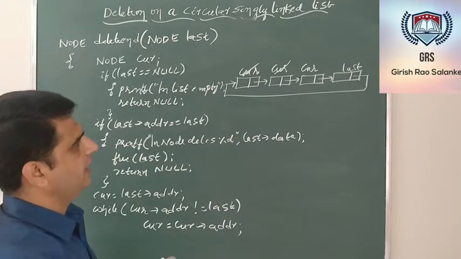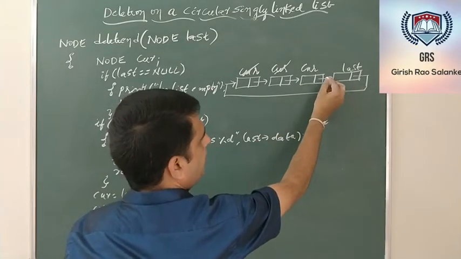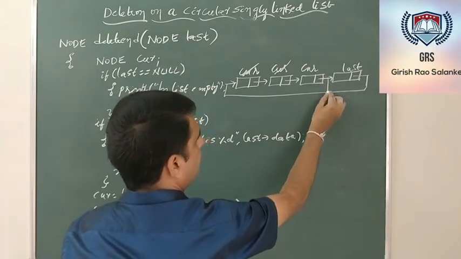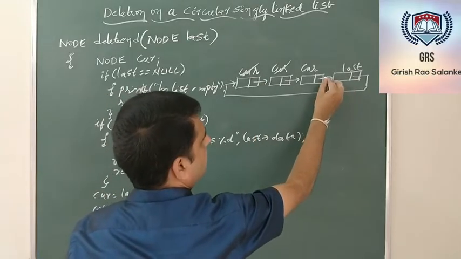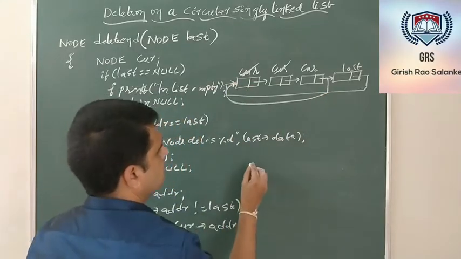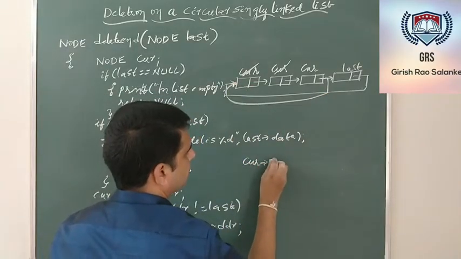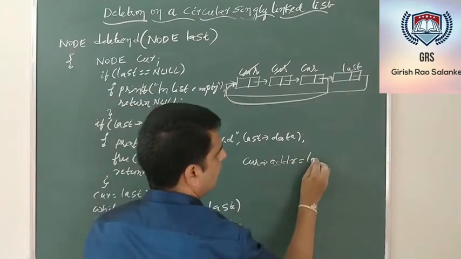Now before deleting the last node, current of address is pointing to last. Make current of address point to the first node. The first node address is there in last of address, so current of address is equal to last of address.